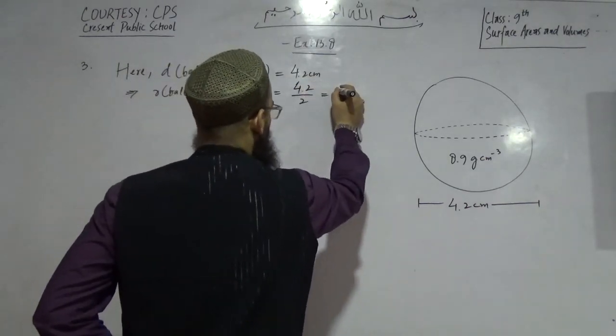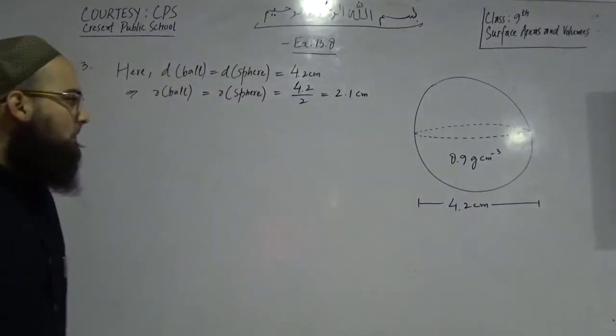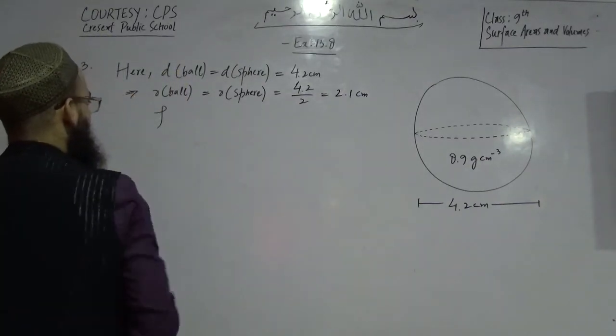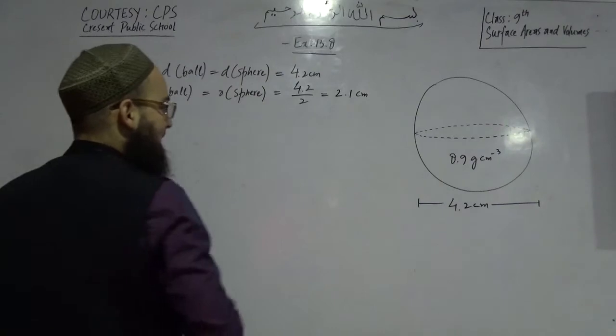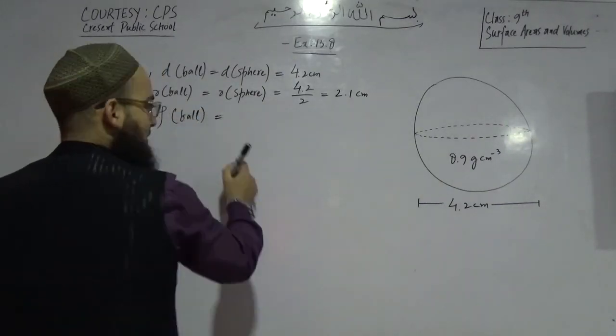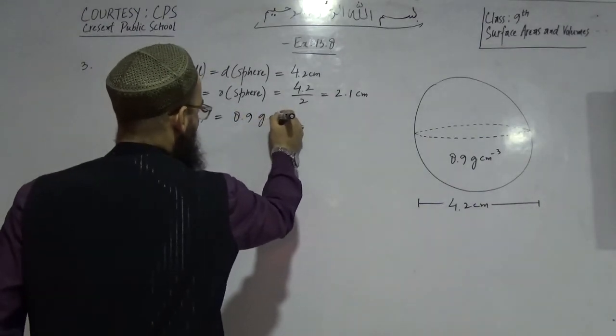That will give you 2.1 centimeter. Got it? Then we have density. Density is denoted as the symbol rho. Density of ball is equal to 8.9 gram per cubic centimeter.